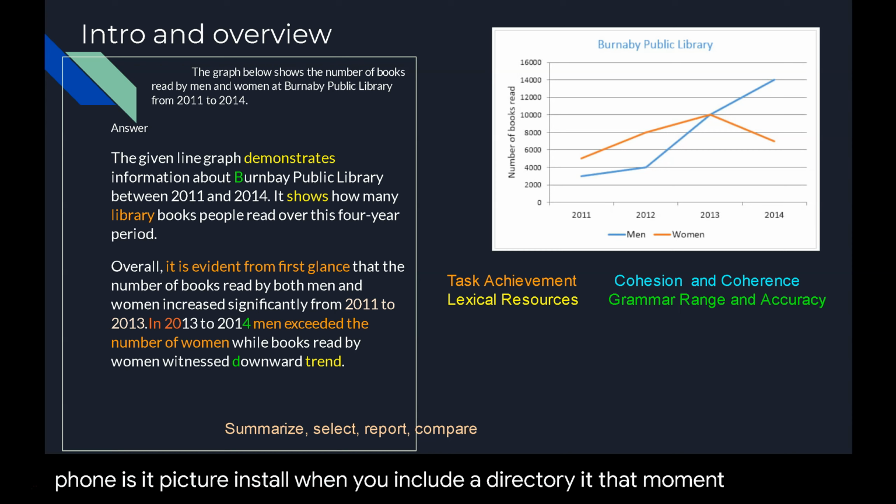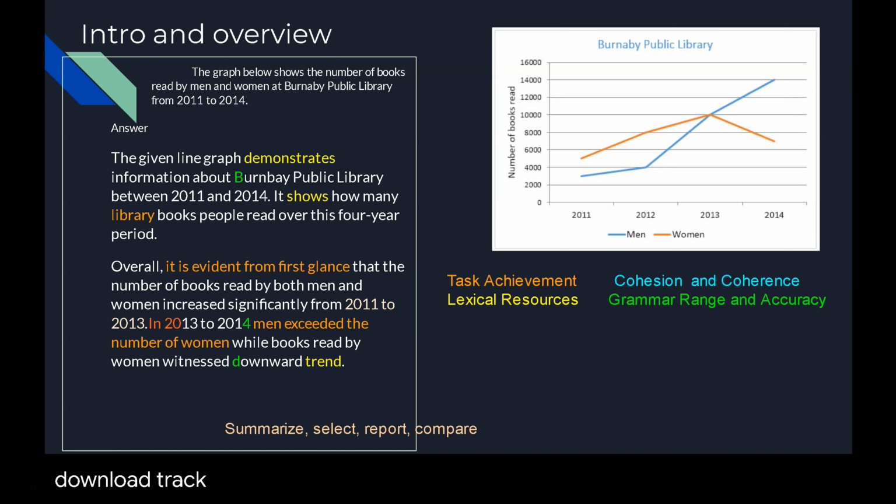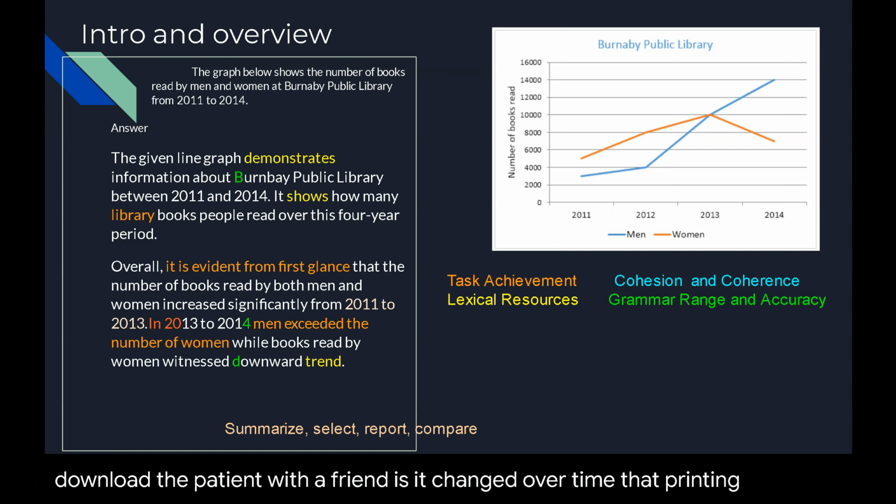Okay, "while books read by women witnessed a downward trend." They did? The books witnessed them? Okay, well, I suppose. So you're trying to squeeze in vocabulary. Witnessed a downward trend. And no, it's not a trend. A trend is a change over time that continues.